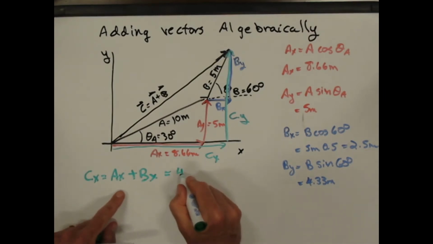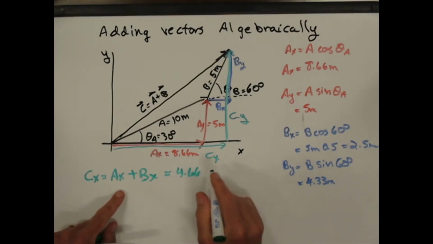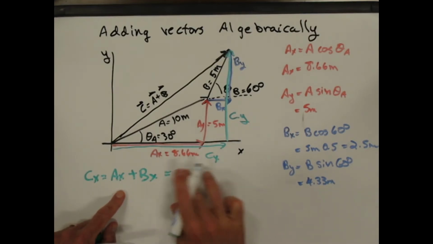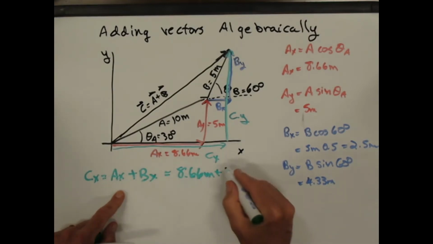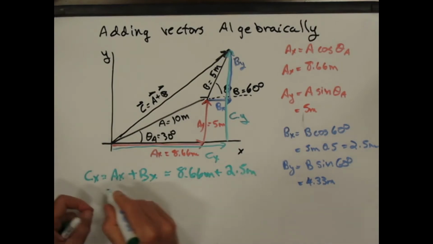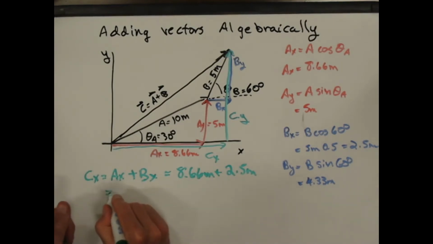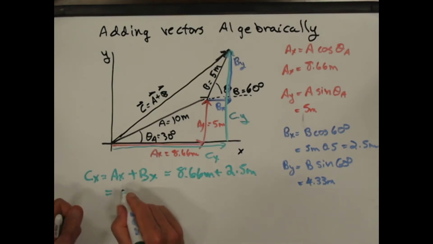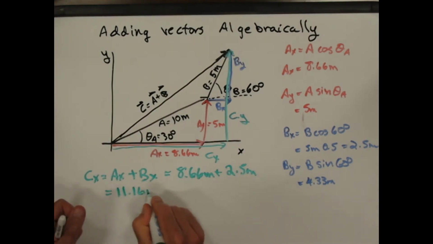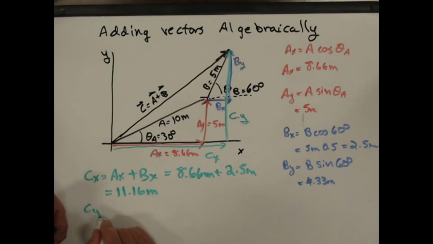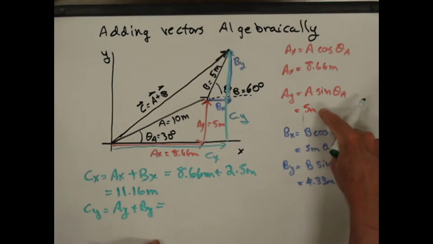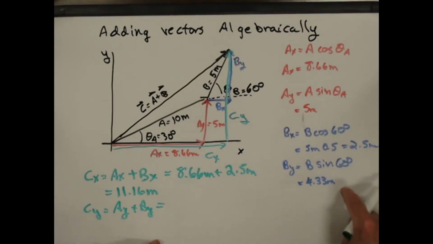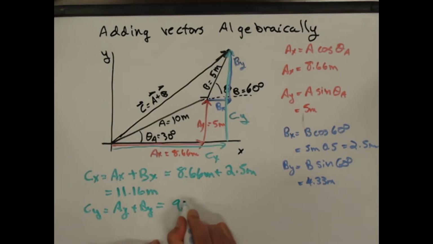That's 8.66 meters plus 2.5 meters, or C sub x is equal to 11.16 meters. Similarly, C sub y is equal to A sub y plus B sub y, and that's equal to 5 meters plus 4.33 meters, which comes out to 9.33 meters.